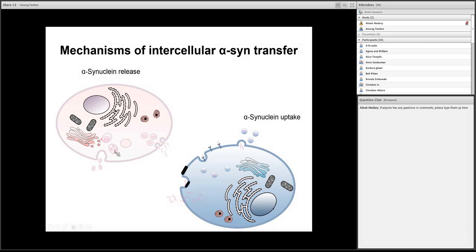So there is what's called a classical form of exocytosis. In other words, synuclein is incorporated into these vesicular structures, much like a neurotransmitter would. These structures then fuse with the cell membrane and release alpha-synuclein to the extracellular space.